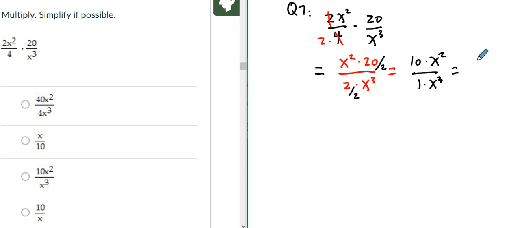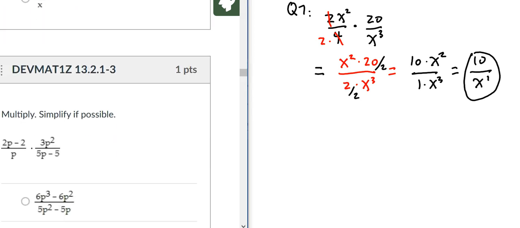But between x squared and x cubed, 3 minus 2 is 1. Okay, so that will be our final answer. In this case, then we'll have 10 over x. The last choice is our answer.